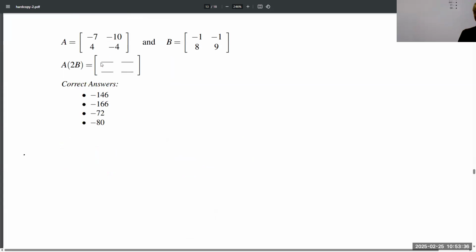All right. So it wants A times 2B. How do you find 2B? Multiply every entry by 2. So I'm multiplying every entry by 2.